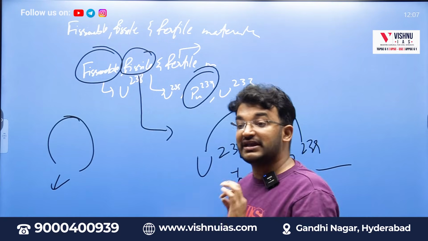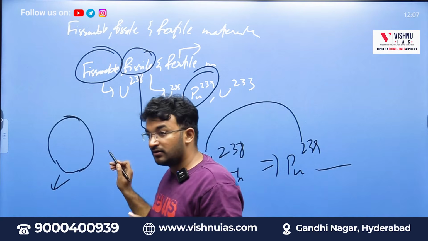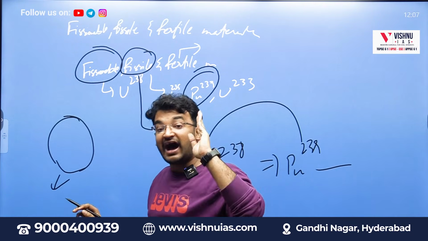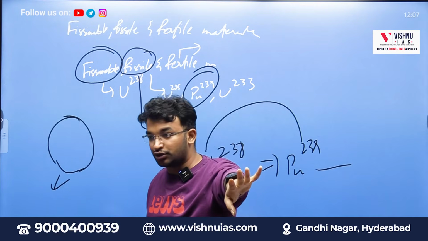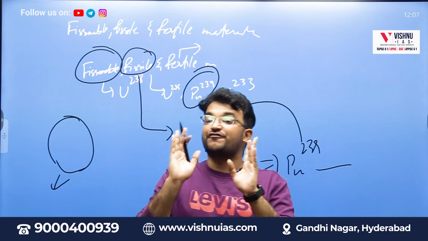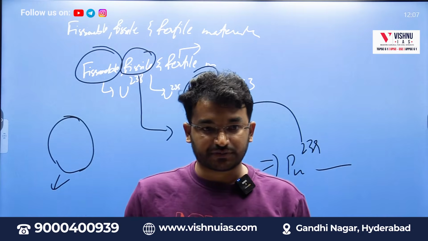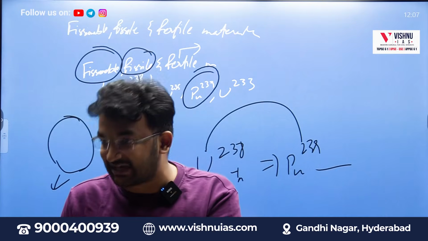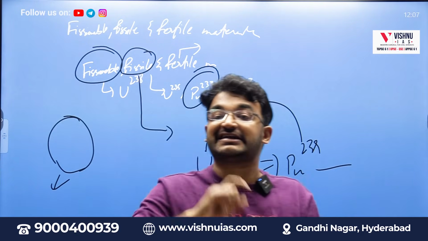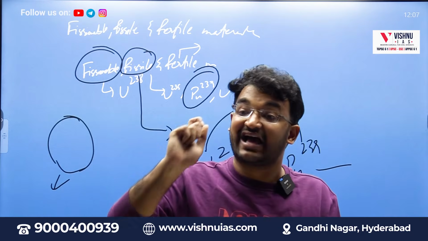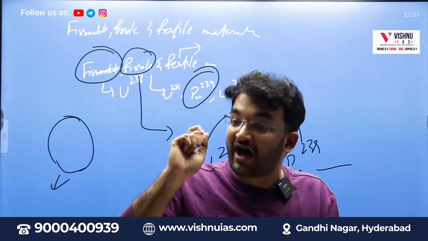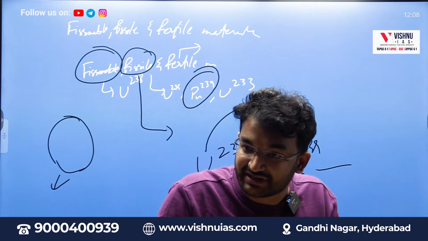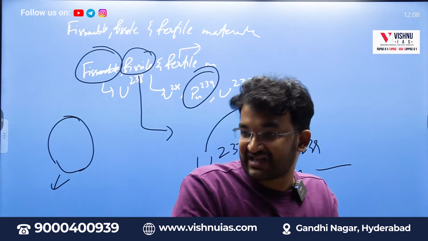But if there is any material which can produce nuclear energy only when it is hit with a high energy, fast moving neutron, those are called fissionable. Understood what I am saying? We are able to produce the energy only when we hit it with a neutron which is high energy and fast moving, that is called a fissionable material. In that fissionable material, one subtype is fissile material.